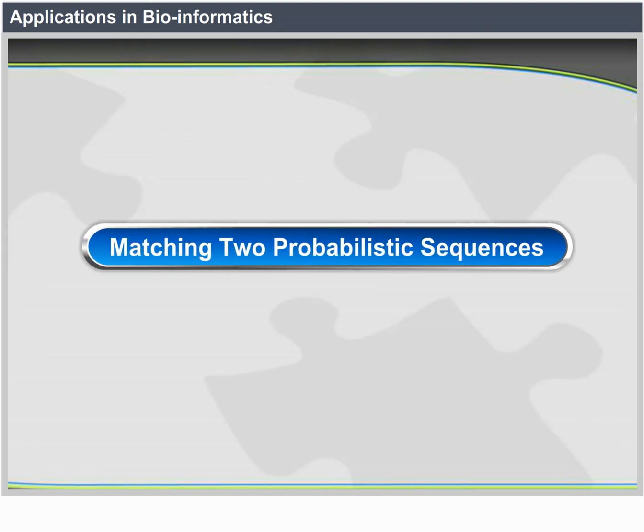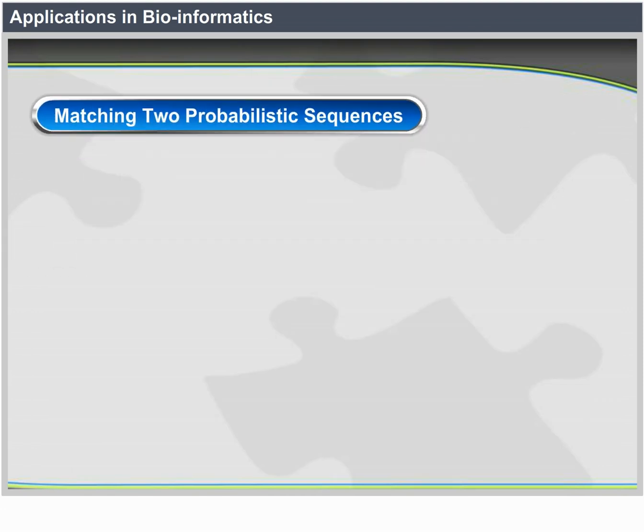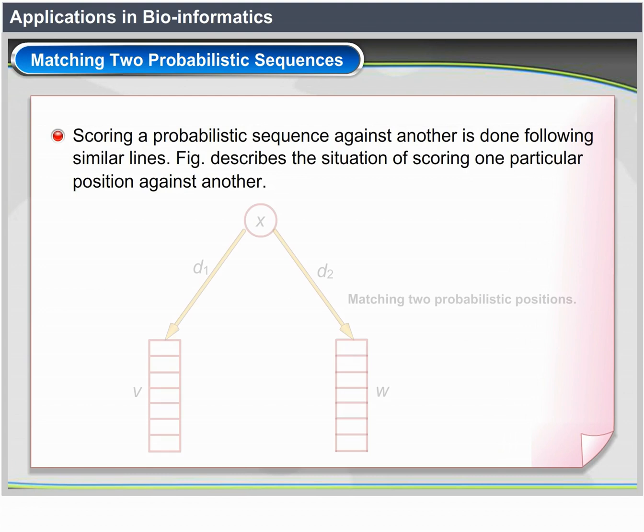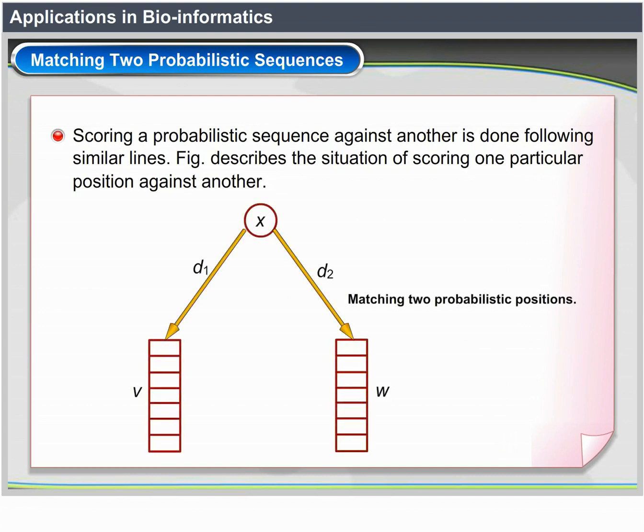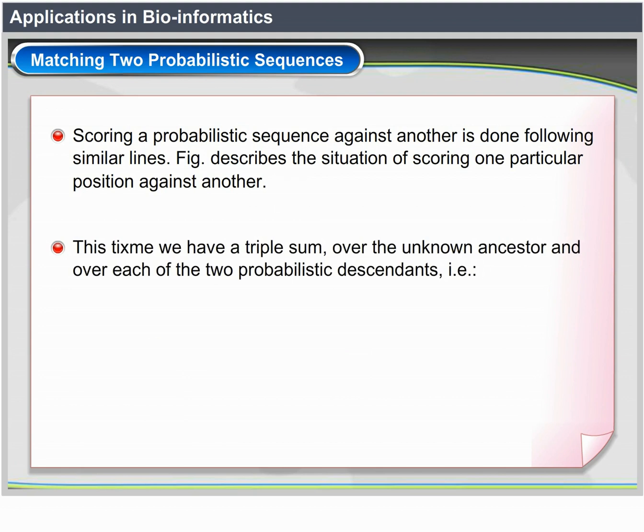Matching two probabilistic sequences. Scoring a probabilistic sequence against another is done following similar lines. This figure describes the situation of scoring one particular position against another. This time we have a triple sum over the unknown ancestor and over each of the two probabilistic descendants.